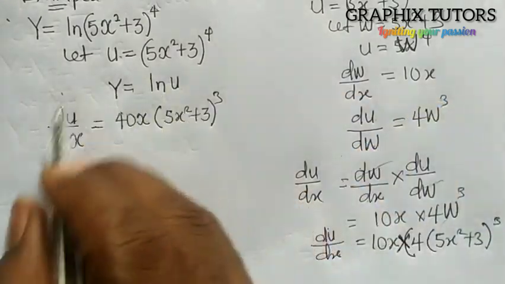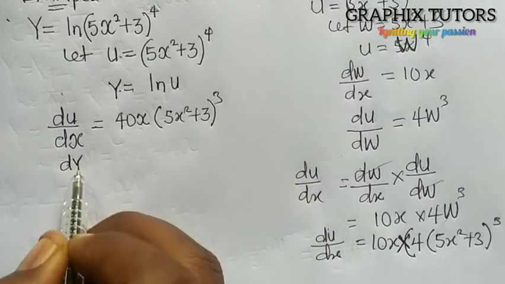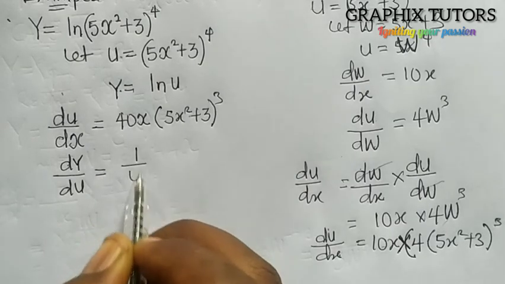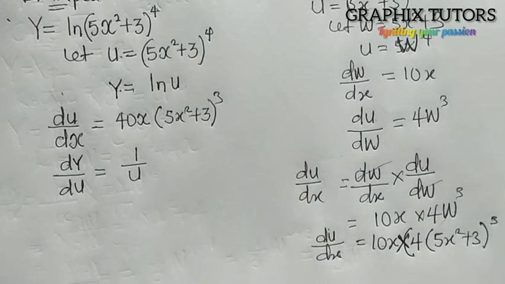So from here, I'll differentiate y over u. It's going to give me 1 all over u. So differentiation of ln of any variable will give you the inverse of that variable.